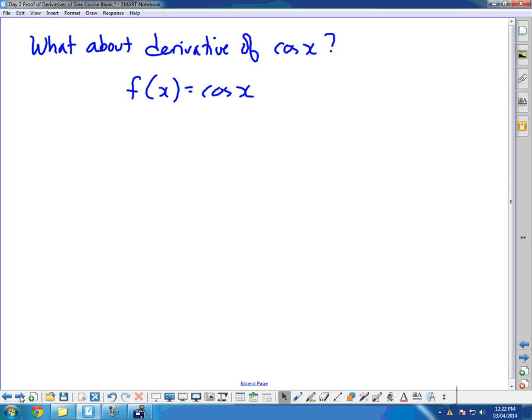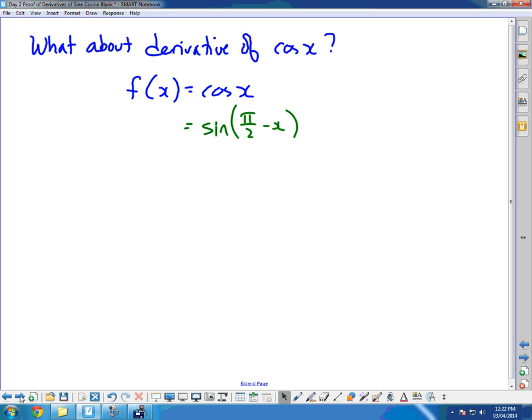Maybe everyone's just staring at each other and we don't know. So I'll remind you that we do that by taking 90 minus the angle, or in radians, pi over 2 minus the angle. This is sine of pi over 2 minus x.